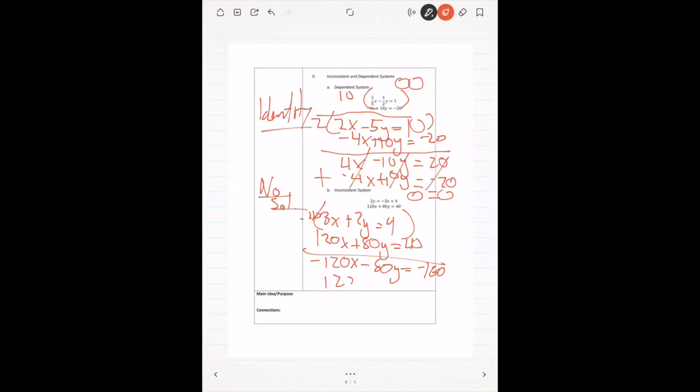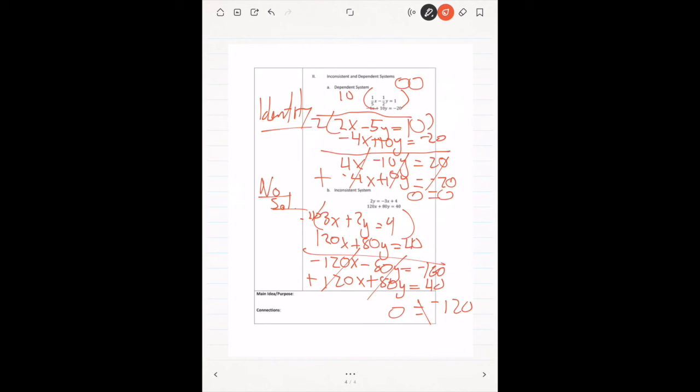And 120x plus 80y equals 40. Let's add these together. They all cancel out, and we're left with 0 equals negative 120. Oh, well, that's weird. 0 can't equal something like negative 120. What's going on here? That's a contradiction.